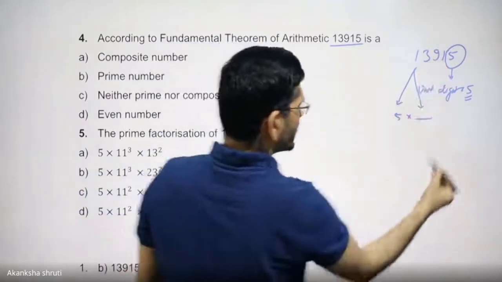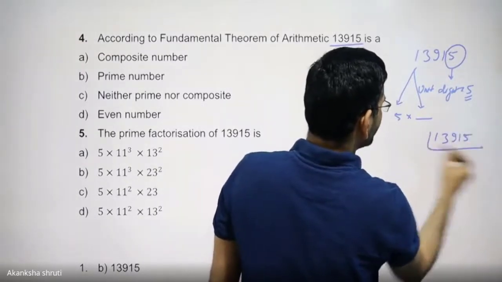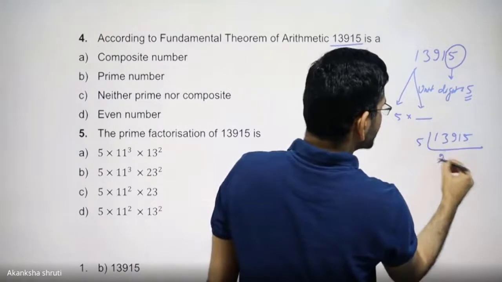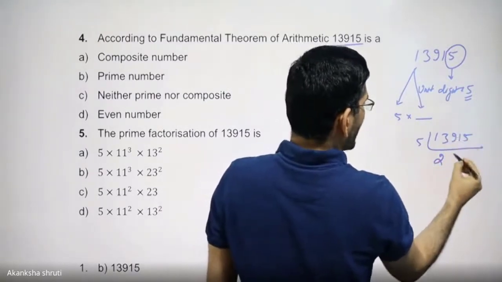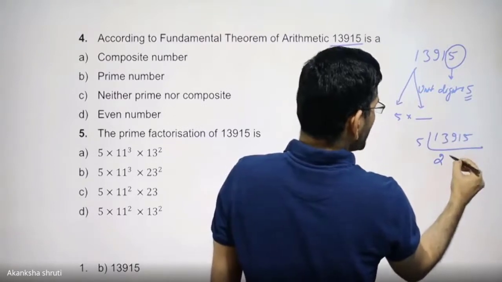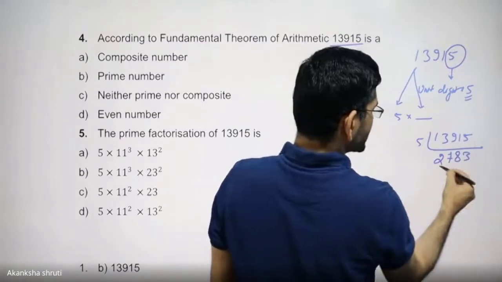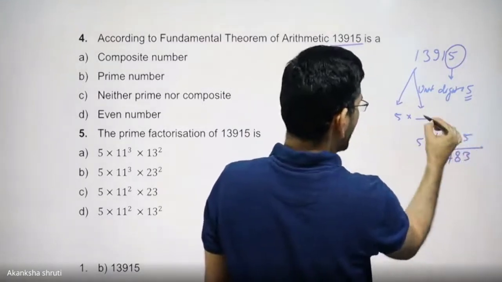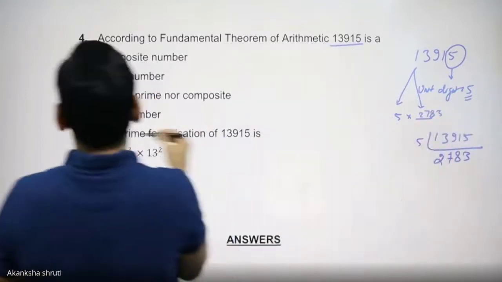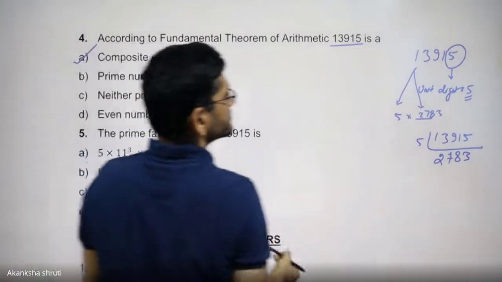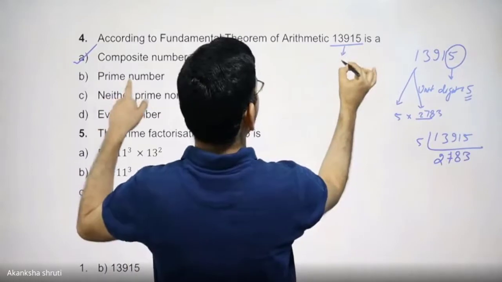Or you may go for dividing 13915 by 5. 5 2s are 10, then 3. 5 7s are 35, then 4. 5 8s are 40, 5 3s are 15. You are getting that this can be written as 5 into 2783. Therefore, it is a composite number. So this implies option A is correct here.